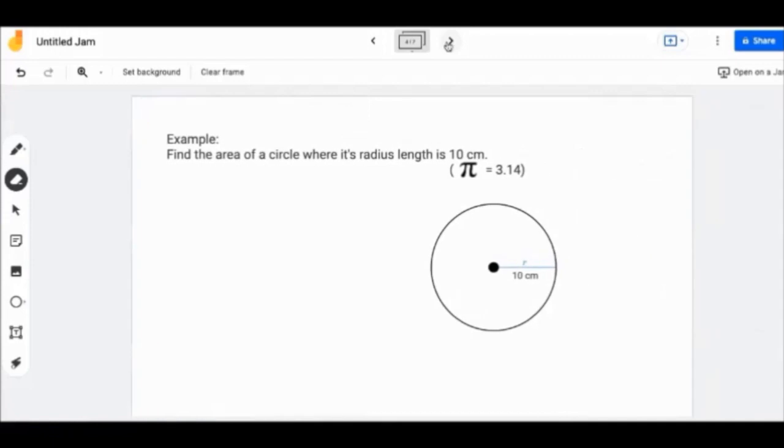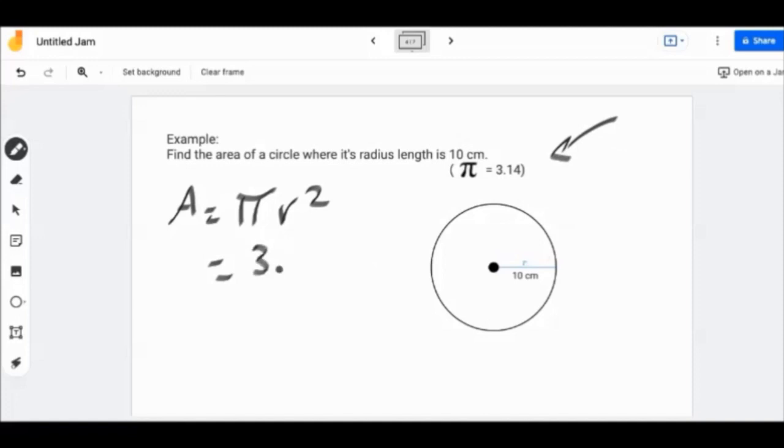Now we have this example. Find the area of a circle where its radius length is 10 centimeters, given that pi is equal to 3.14. As we said, area equals pi r squared. Pi is given. Pi is equal to 3.14 times r squared.